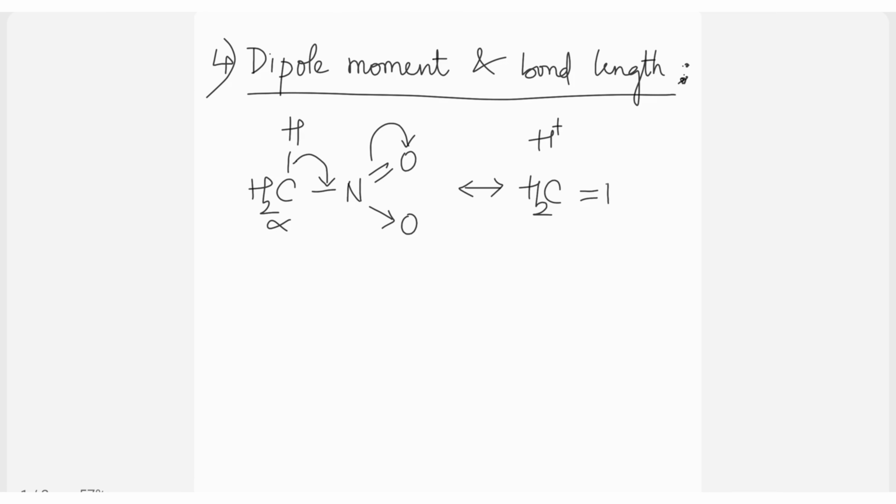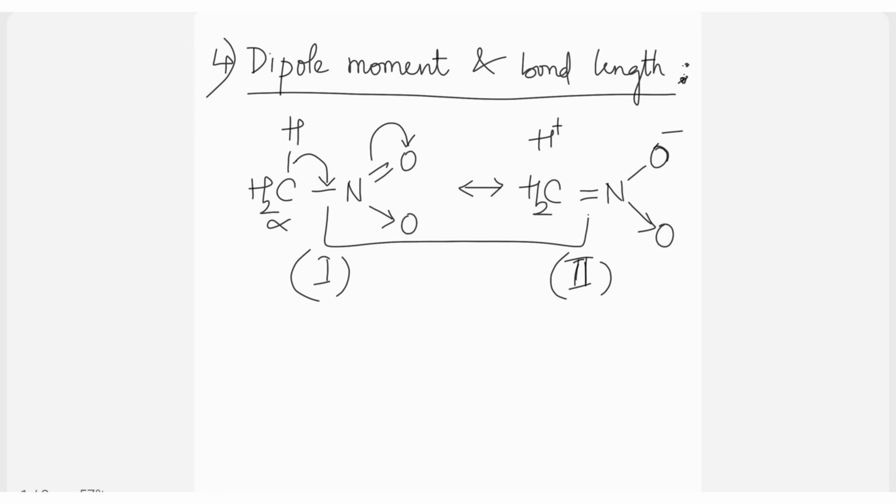Then here we get the double bond. Then comes a single bond with O negative charge here, and the coordinate bond remains as it is. So while we get the second structure from the first structure, what are we observing? A single bond is turning into a double bond.